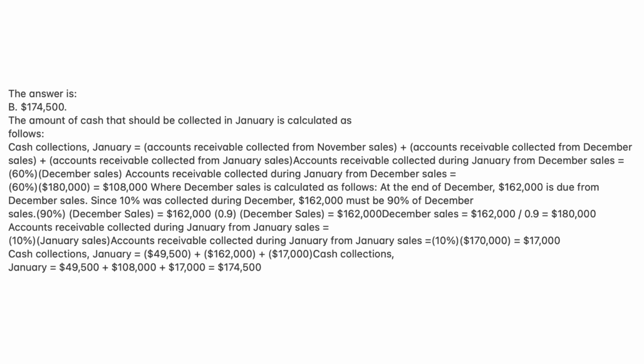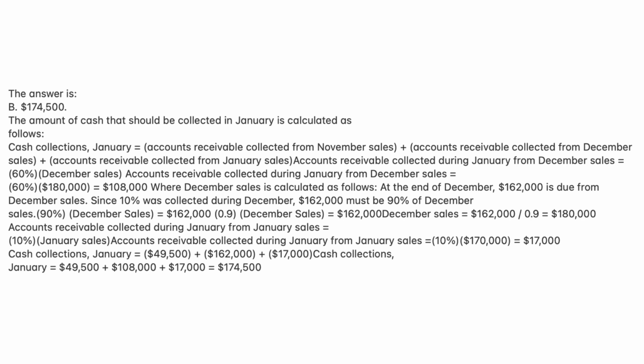At the end of December, $162,000 is due from December sales. Since 10% was collected during December, $162,000 must be 90% of December sales. December sales equals $162,000 divided by 0.9, which equals $180,000.